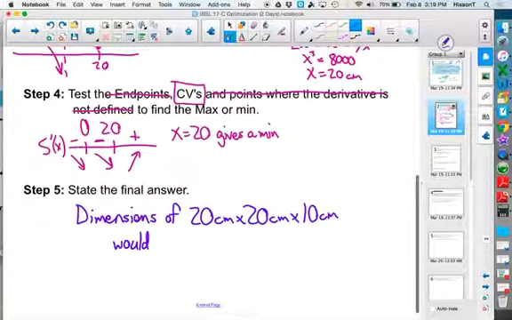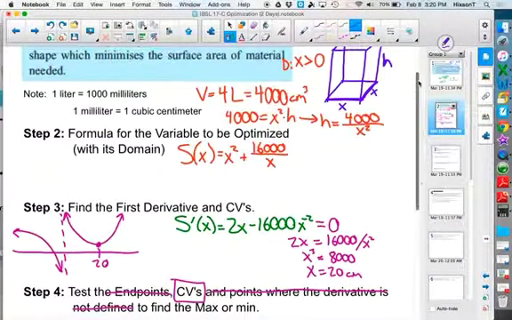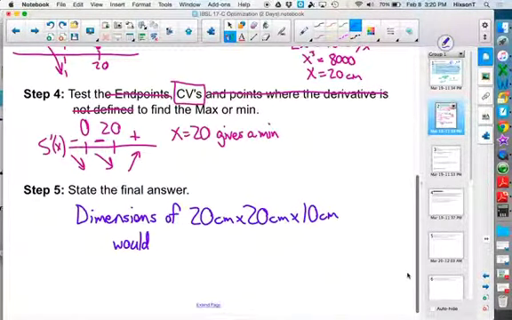Why 10? Because if you plug in 20, you'll get 400 when you square it, and 4,000 divided by 400, there's our height, is 10.